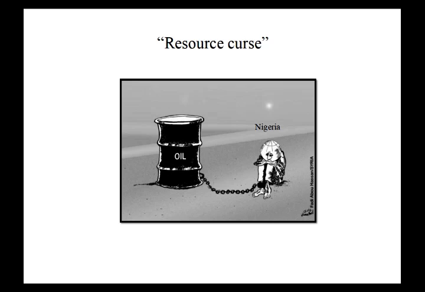Because Nigeria is considered as a typical example of a country that has been cursed by natural resources. A typical example of an oil-cursed country. A country with a lot of opportunities and resources, but a lot of wasted opportunities. So Nigeria is in a way being cursed by oil.